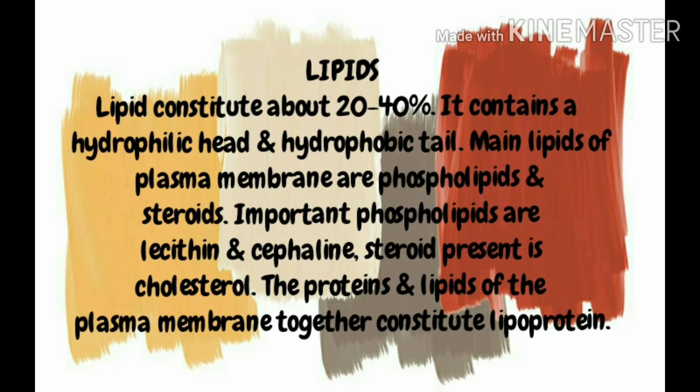The next type of substance seen in the plasma membrane are lipids. They are about 20 to 40%. We know lipids have two types of ends: a hydrophobic end as well as a hydrophilic end. Both these ends are present in a lipid structure.